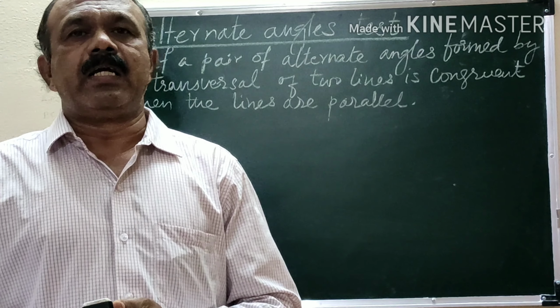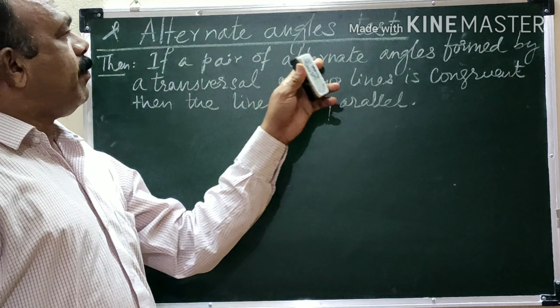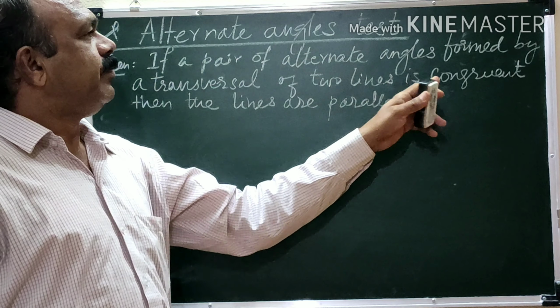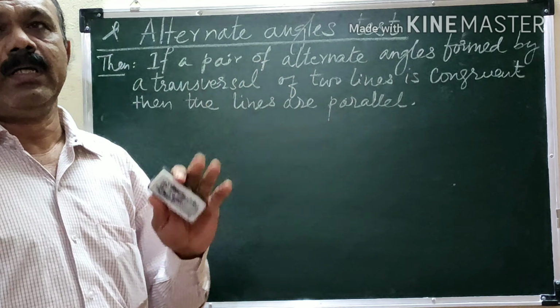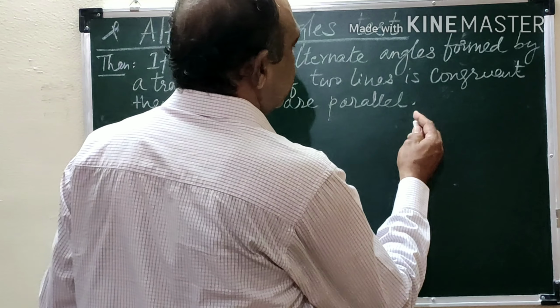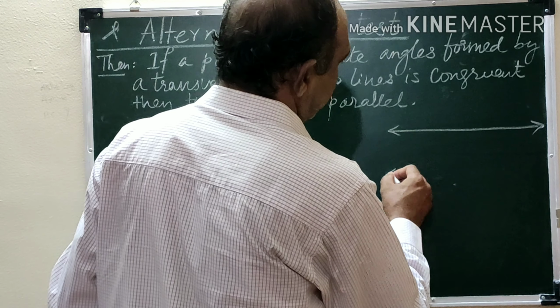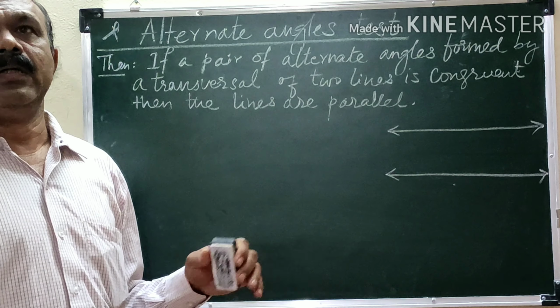Now we will see the alternate angles test. If a pair of alternate angles formed by a transversal of two lines is congruent, then the two lines are parallel. So we will draw the figure here. These are the two lines which are given.